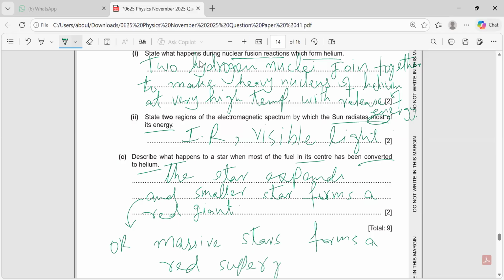So this is simply the life cycle of the stars.